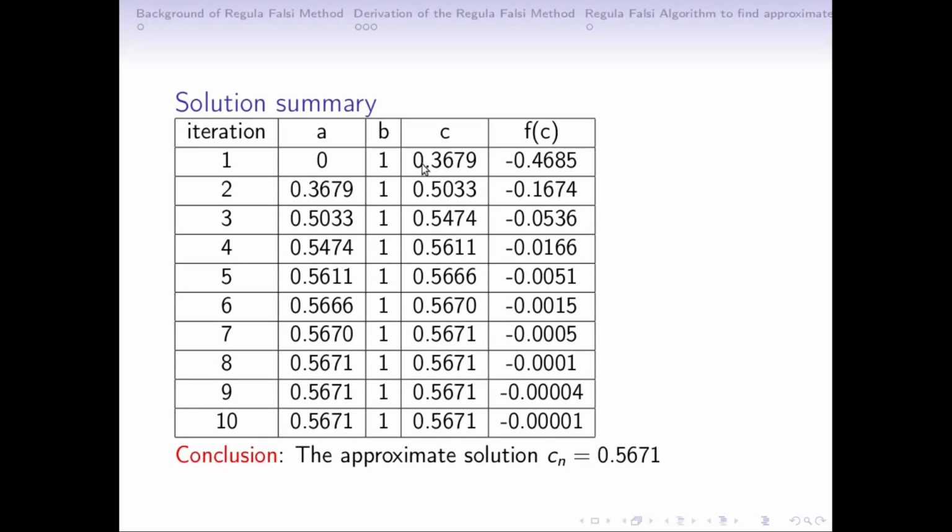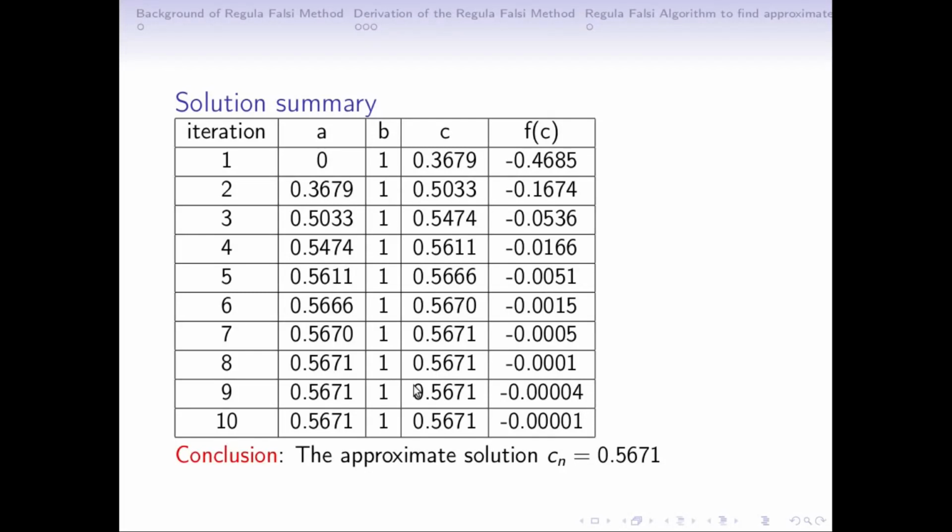So in the first iteration, we find our C, which is this. We check the functional value, it is negative. So once it's negative, we reassign it. We find our C2, check the functional value, it is negative. So we forget the old A and our B.